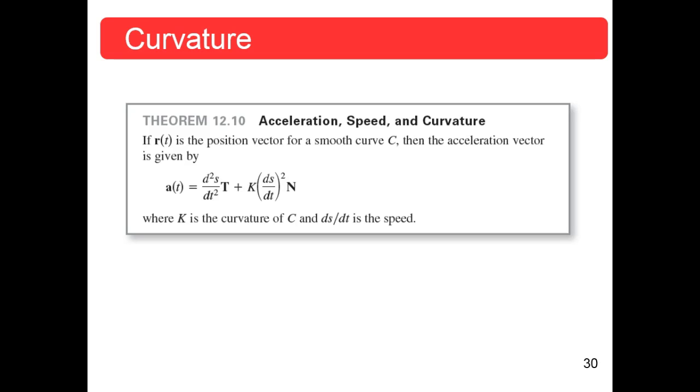If R of t is the position vector for a smooth curve C, then the acceleration vector is the second derivative of R of t, but it's also your tangential component, which is the time rate of change of speed, strictly depending on speed, plus the normal component, which is your curvature times the speed squared, where kappa is the curvature at C and ds/dt is the speed.